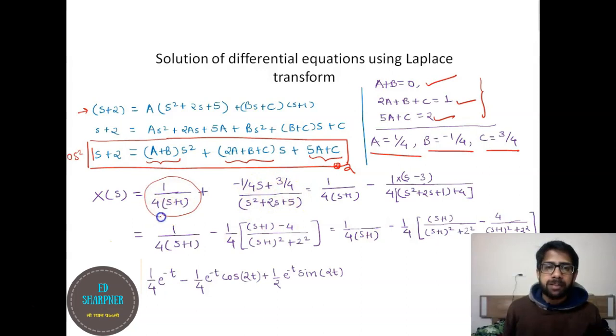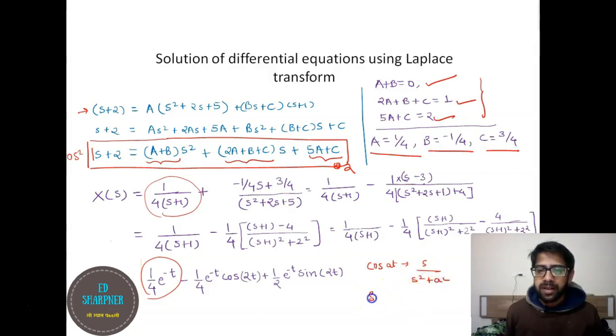We know the inverse Laplace for this. This will be 1 by 4 into e raised to minus t. But how to calculate the inverse Laplace for this particular term? Now remember, the Laplace transform of cos at was s upon s square plus a square, and the Laplace transform for sin at was a upon s square plus a square.